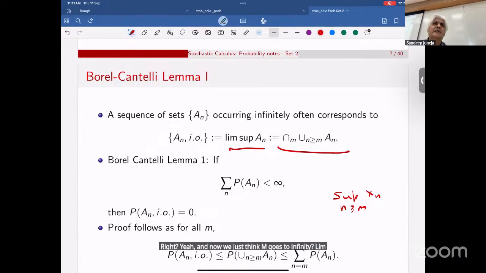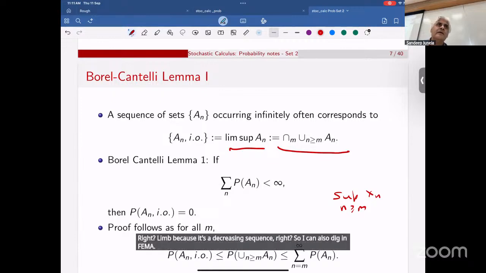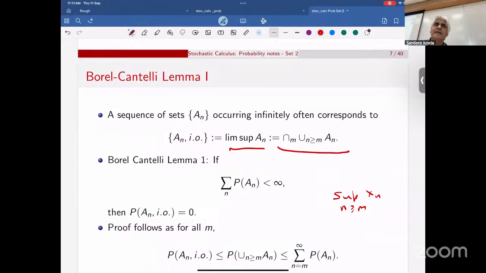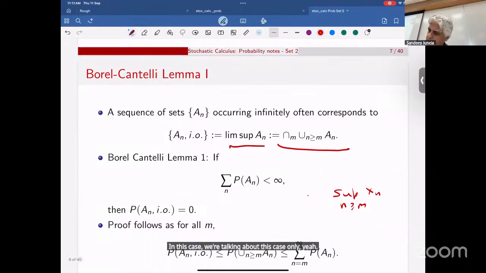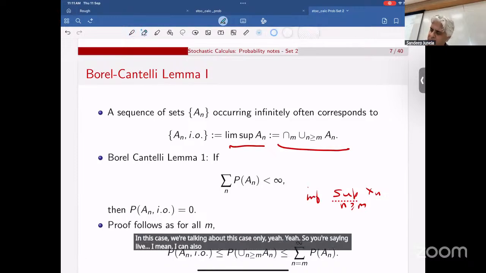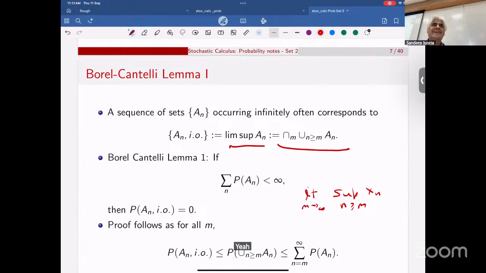Limit, because it's a decreasing sequence, right? So I can also take the infimum, only in this case. Maybe limit matches with what I'm trying to say in any case. So limit is better. So it's limsup.